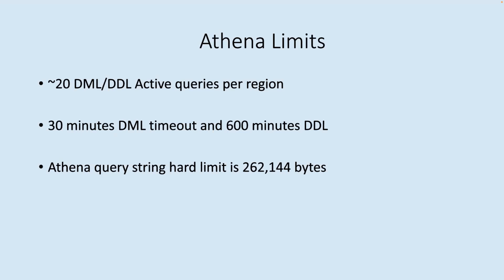So if you have a huge workload, you might have multiple queries running, so your jobs might fail because you exceeded that limit. And there's also a 30 minutes, half an hour timeout on the DML, and 600 minutes on DDL. And there are some limitations on the query string that you run on Athena. These are some of the Athena limits.